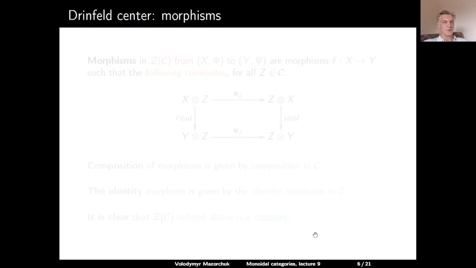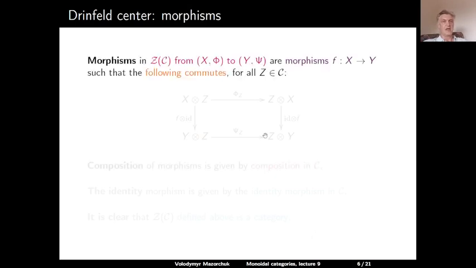Now let us define morphisms in the Drinfeld center. Given two objects in the Drinfeld center, x, phi and y, psi, a morphism in the Drinfeld center from the first object to the second object is a morphism f from x to y in C, such that the following diagram commutes for all z in C. When we start from x tensor z, we can apply phi to go to z tensor x, and then we can apply identity tensor f to go to z tensor y.